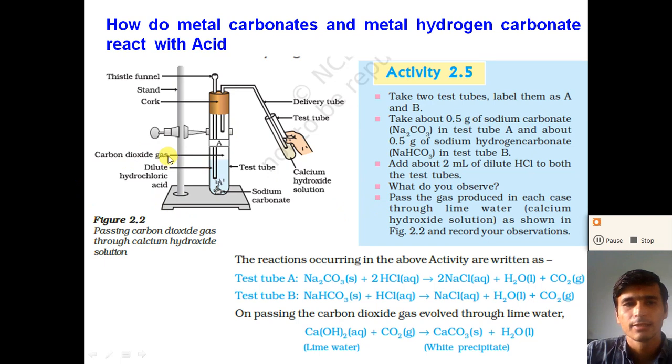So understand what type of reaction occurs when metal carbonate and metal hydrogen carbonate react with the acid. The reaction occurs during this activity. In test tube A, sodium carbonate Na2CO3 solid, when we add aqueous hydrochloric acid HCl solution, Na2CO3 reacts with HCl and gives the salt NaCl, water H2O and carbon dioxide gas.